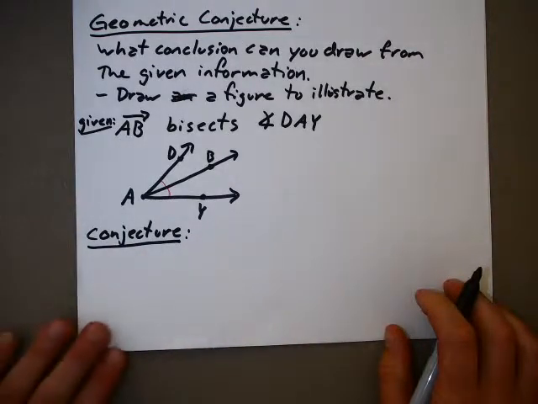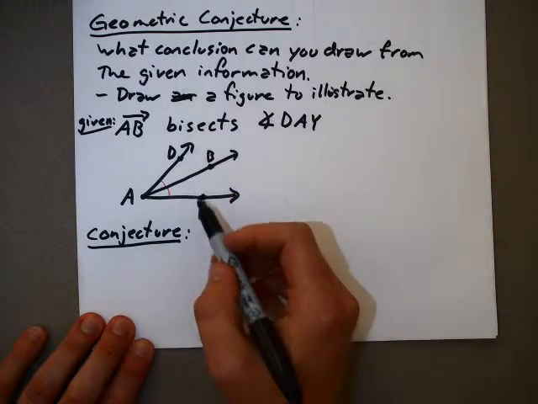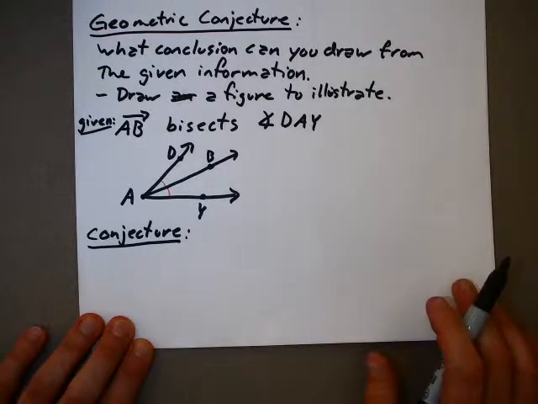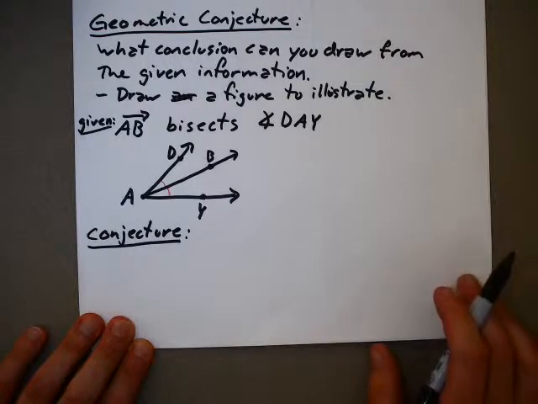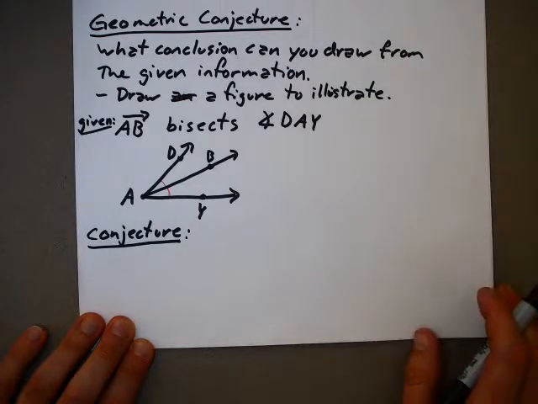Now, one conjecture we could make is that we went from one angle to two angles, and that works out just fine, but it's not a very powerful conjecture. What we're looking for is the most helpful conjecture that we can come up with.